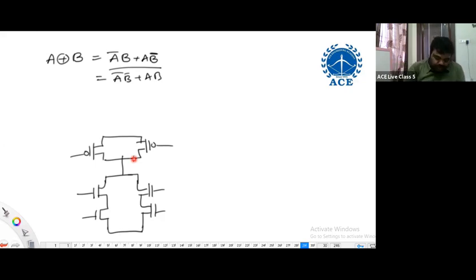Here it is A, it is B. If it is A bar, B bar, then what can I use?